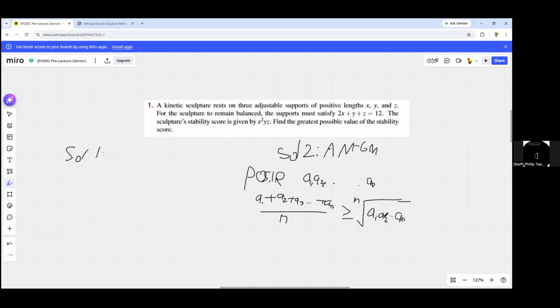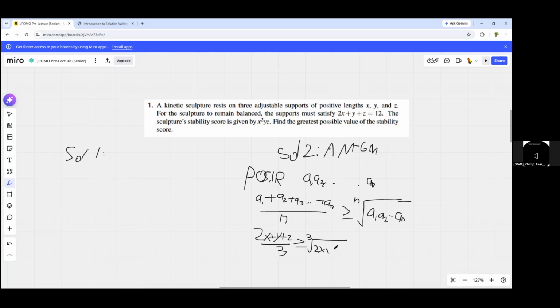So how can we use this theorem in our problem here? If we just use AMGM directly on 2x plus y plus z, we get 2x plus y plus z over 3 greater than or equal to the cube root of their product, which is 2xyz, right?